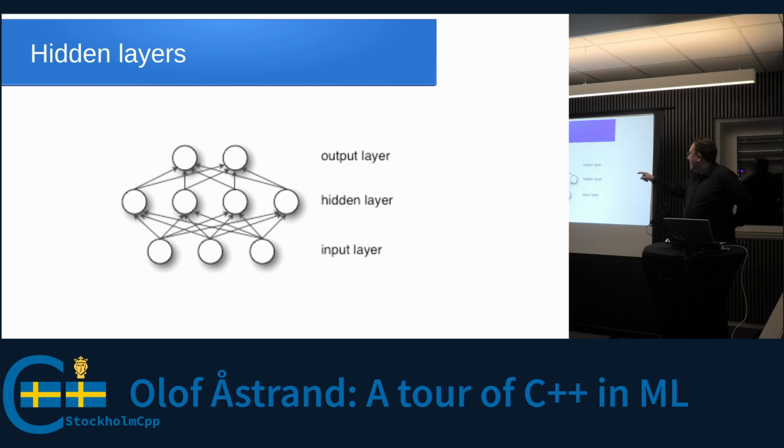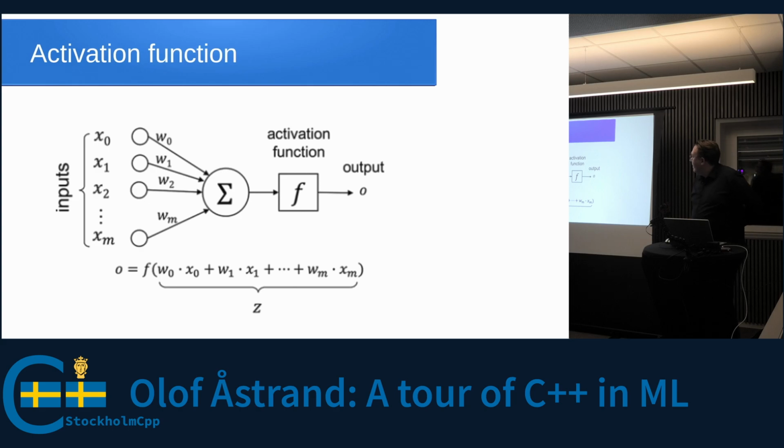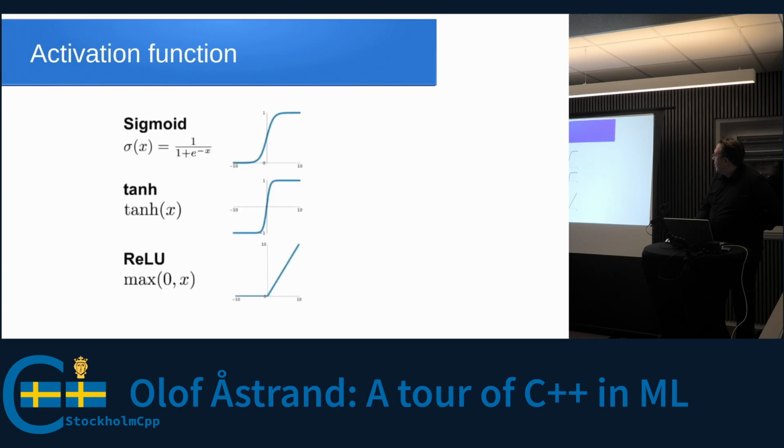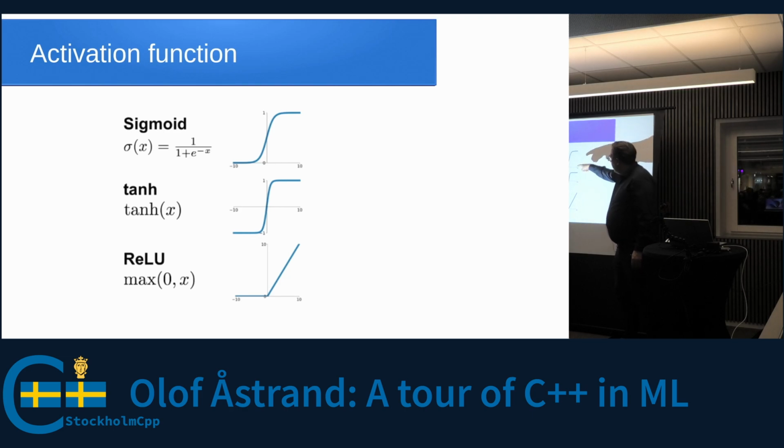Then you have the hidden layers and the output layer. The activation function is normally one of these three, the three most common: sigmoid, tanh, and ReLU. The sigmoid squeezes the output to a number between 0 and 1, and tanh between -1 and 1.